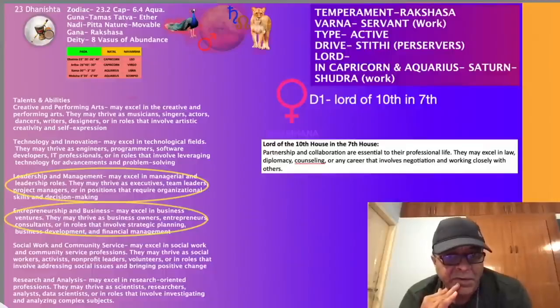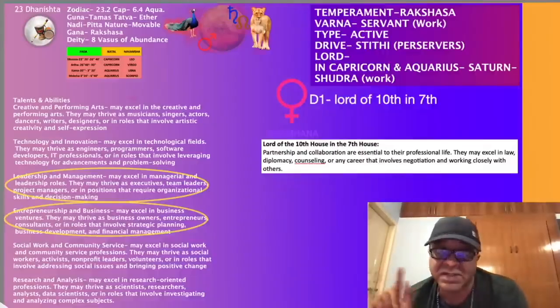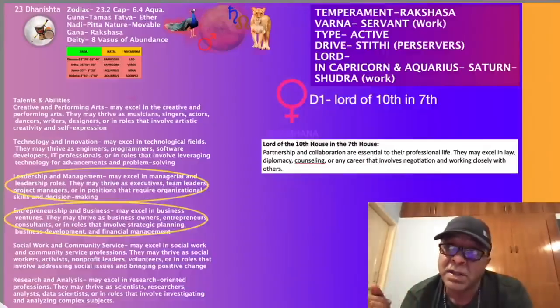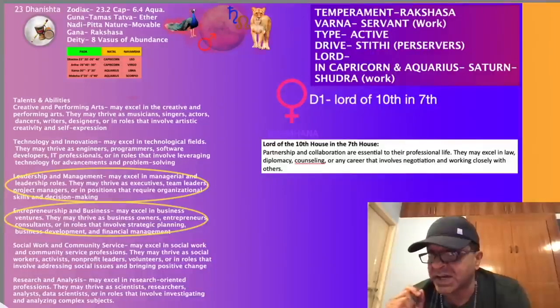Okay. So what does that mean? Lord of the 10th in the 7th house indicates a partnership, collaborative type approach, a business approach. It defines an entrepreneur because it's the 10th house we are talking about. The Lord of the 10th in the 7th in the natal chart, the D1 chart.